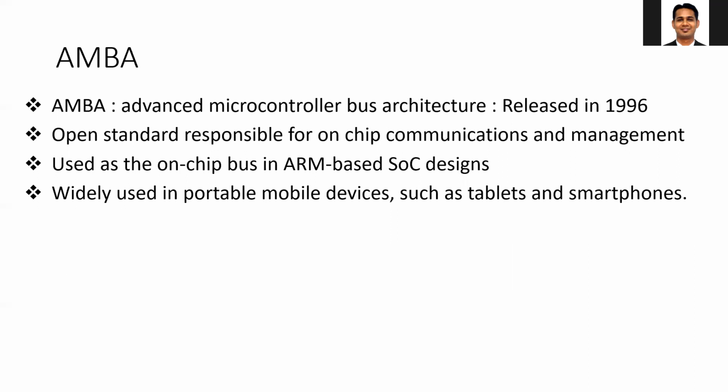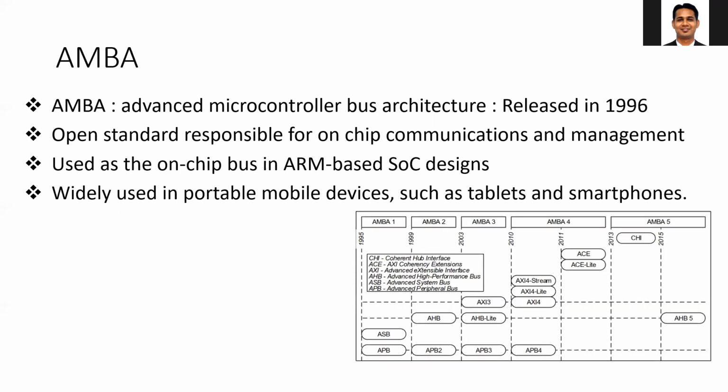And since ARM has been widely used in mobile phones, tablets, and all mobile devices, that means AMBA has been well used as well as well tested there. To understand the evolution of AMBA, you can see that in 1995 the first version of AMBA was proposed, and it consists of two buses.